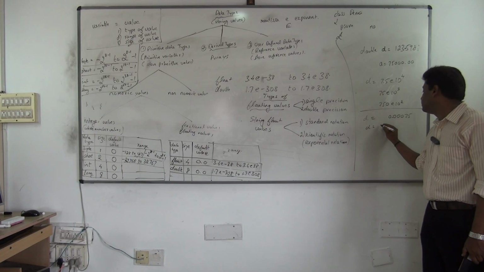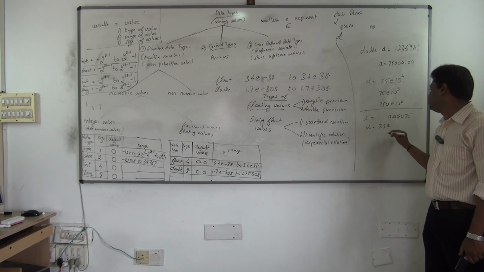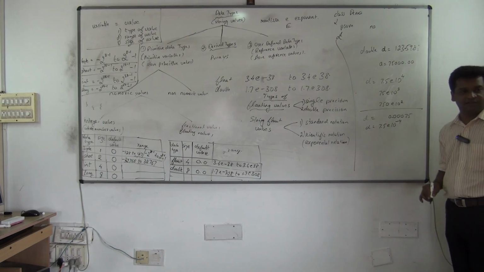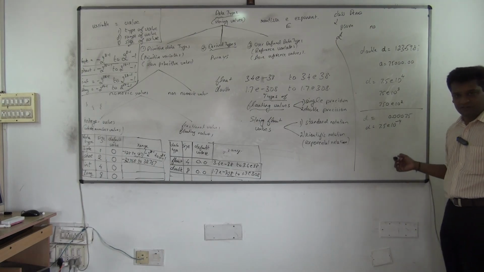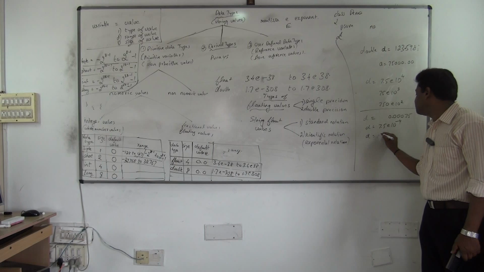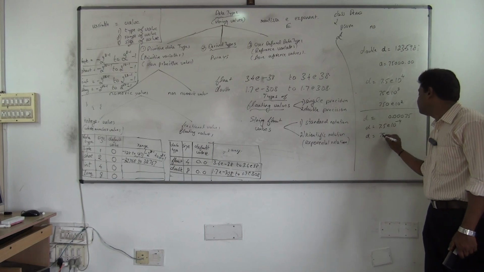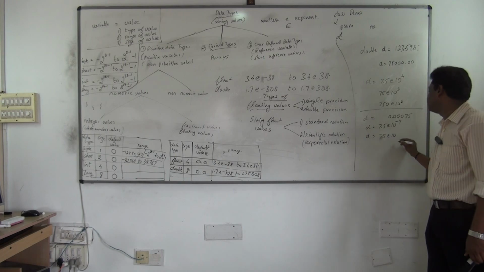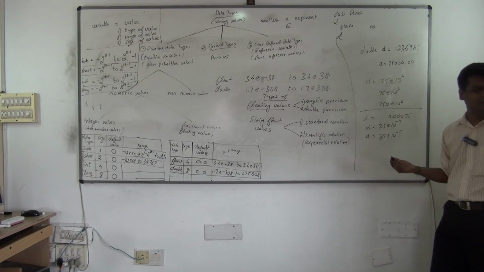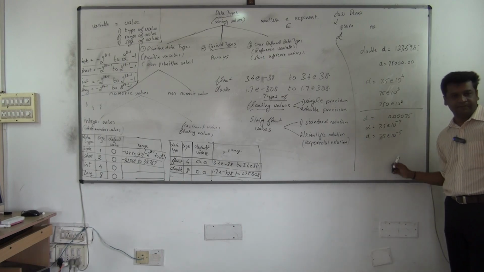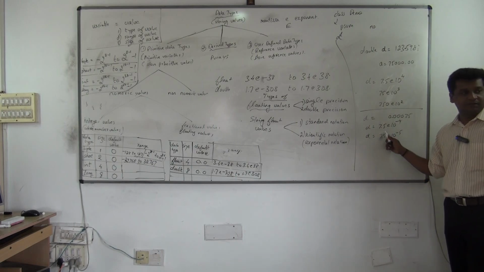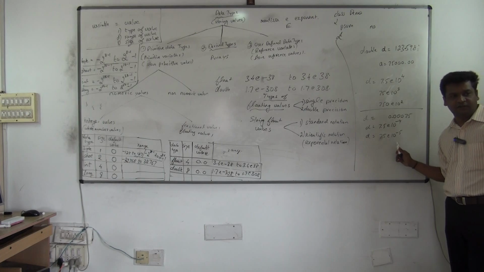D is equal to 7.5 E to the power of minus 4. As simple as that. You can write like this also. Understood? D is equal to 75 into 10 to the power of minus 5. That's up to you. These are all correct. You can write 7.5 into 10 to the power of minus 4 also, or like this.